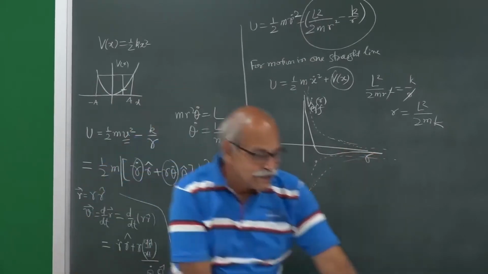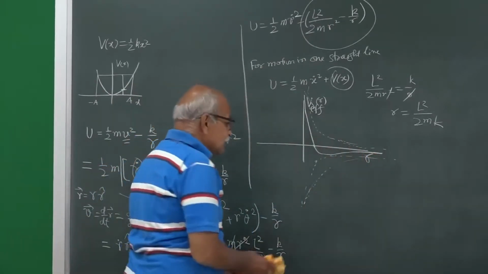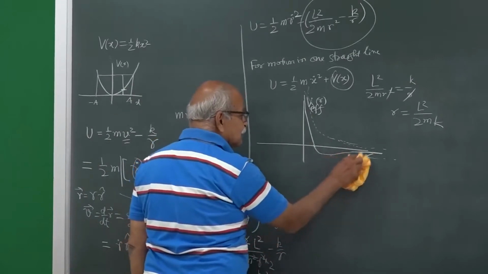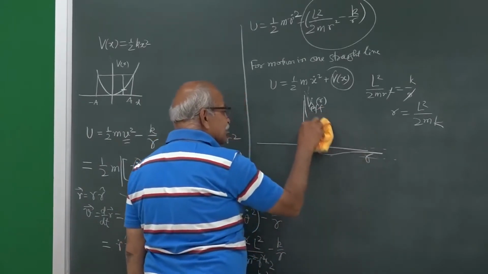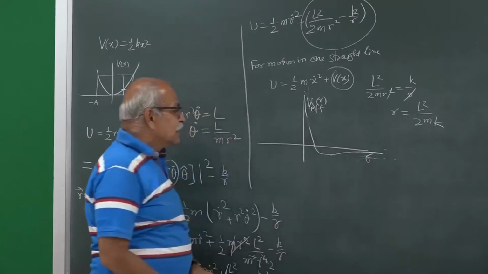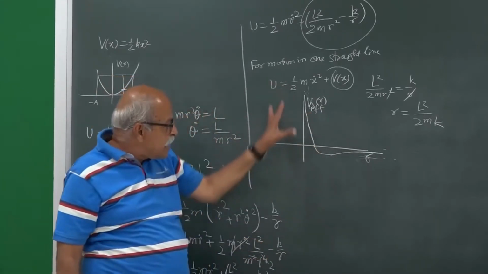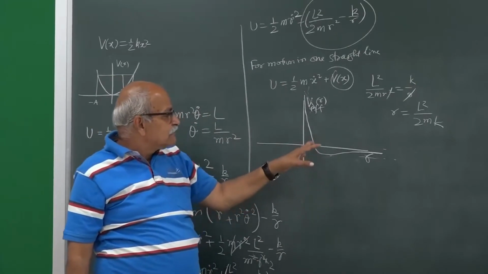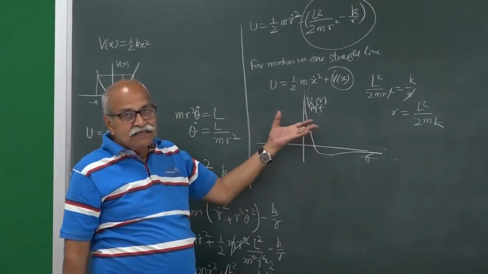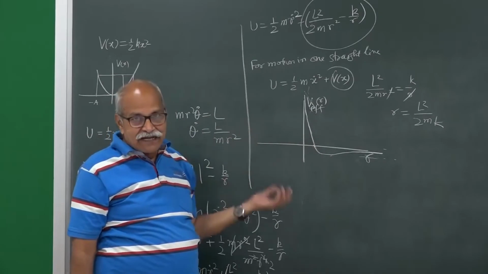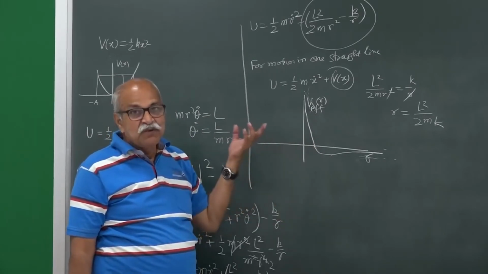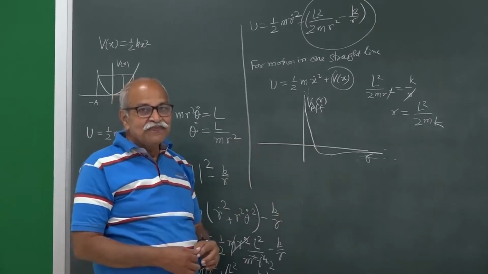Now I can remove these dotted ones. This is my V effective, and from this diagram, from this shape, we can derive certain information about this inverse square attractive central force motion that we will do next time.